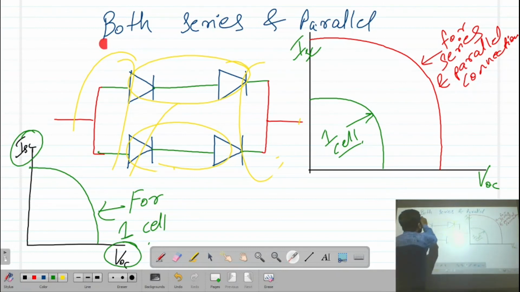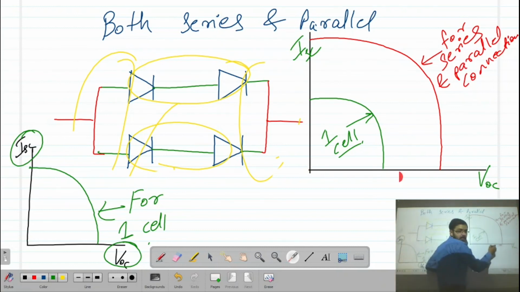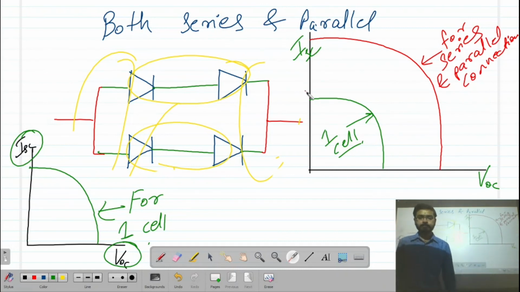While in both series and parallel connection, we can increase both VOC as well as ISC, right? So this is all about the series and parallel connection of a solar cell. Okay, thank you.